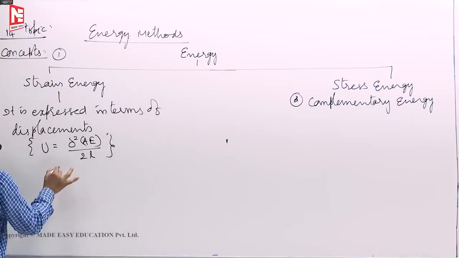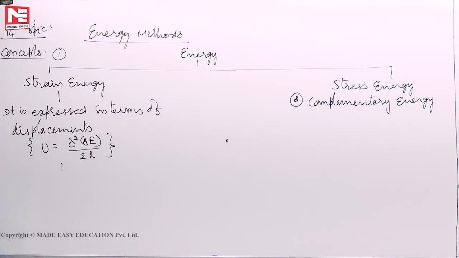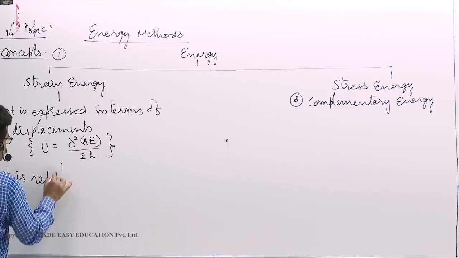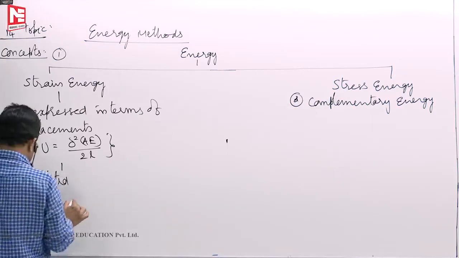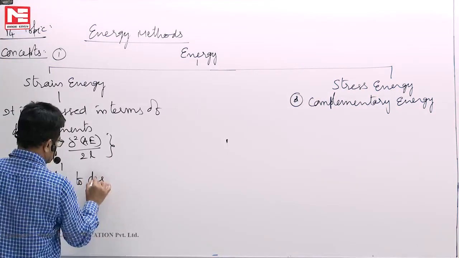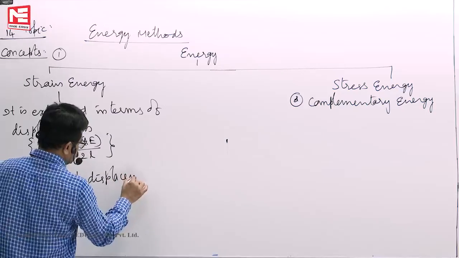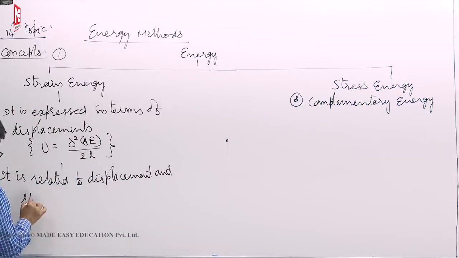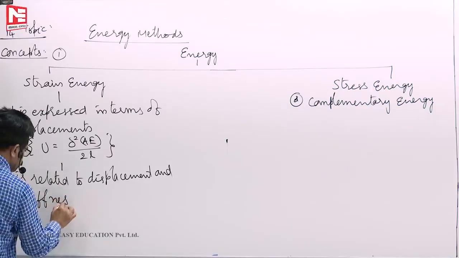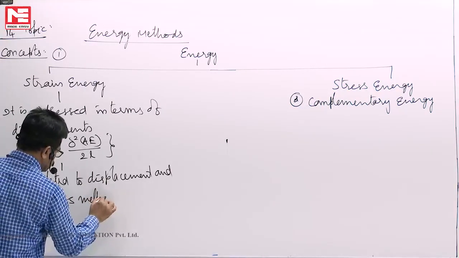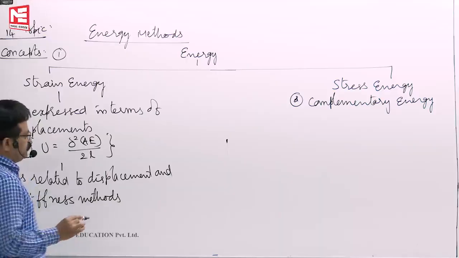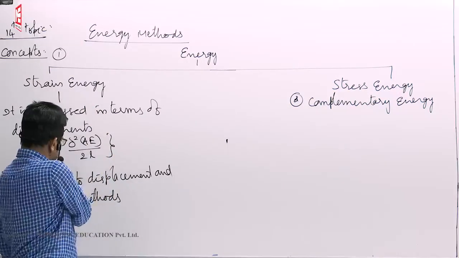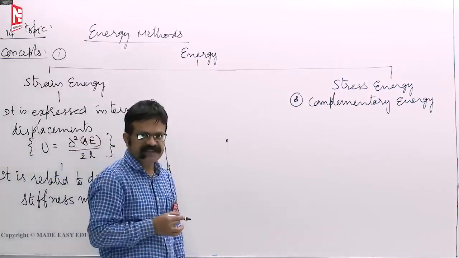So delta square AE by L. Now this strain energy is related to displacement and stiffness methods. So from the strain energy, we get the displacement and stiffness methods.